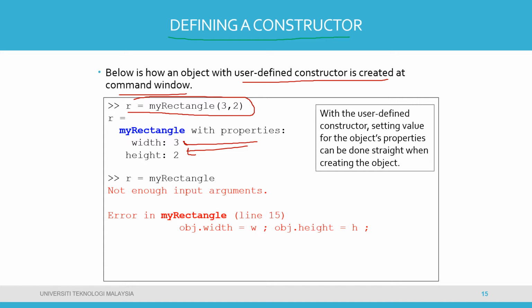But if you already set a constructor and you forget to give the input, it will be an error. See this one. With the user-defined constructor, setting values for the object properties can be done straight when creating an object.